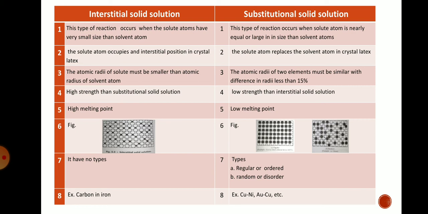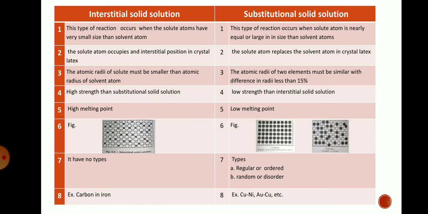Examples of interstitial solid solution: carbon in iron is an example of interstitial solid solution. Two examples of interstitial solid solution we have seen in the last lecture are austenite and ferrite. Both are solid solutions of carbon in iron, so those are examples of interstitial solid solutions.